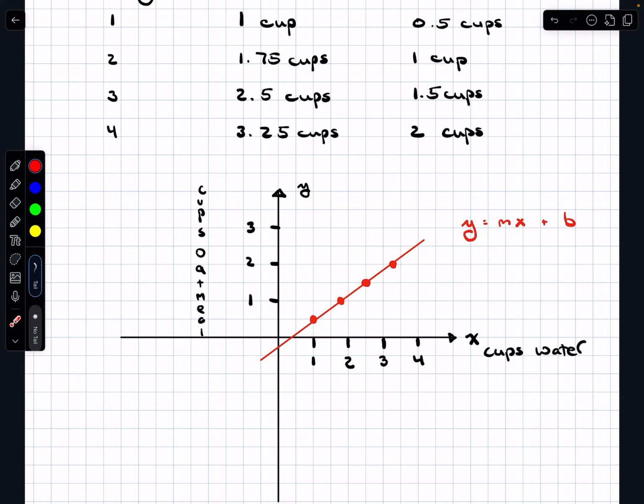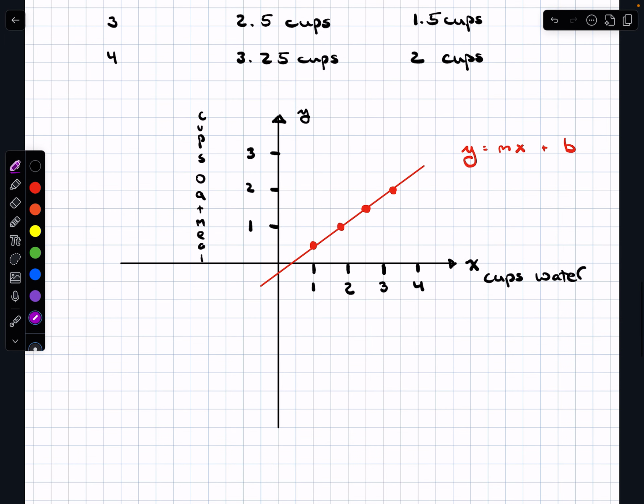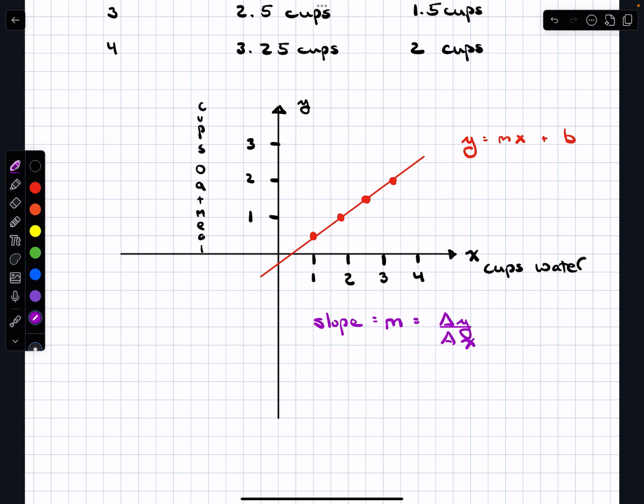If you recall, the slope of a line, let's write down this actual slope here. Slope, which we give the symbol m, is the change in y over the change in x. So delta y over delta x.